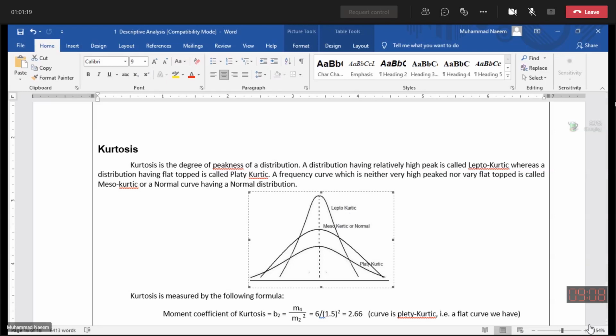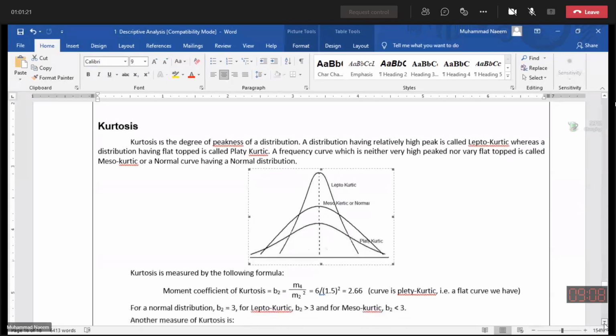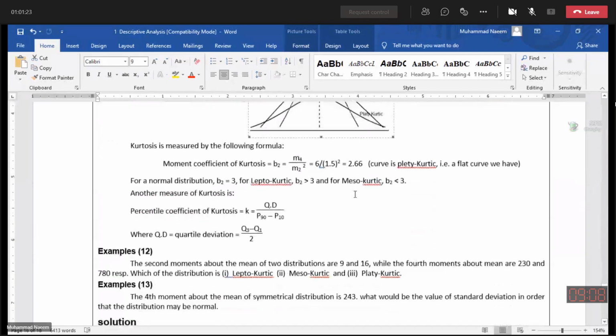But how can we calculate? One of the formulas is with the help of the moments using this moment ratio. In this moment ratio we have used the fourth moment, and in the denominator the square of the second moment about mean, M2.